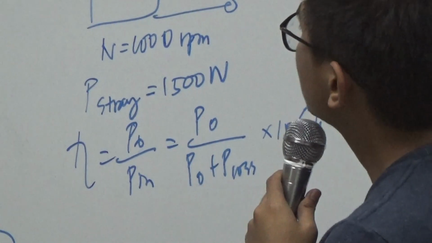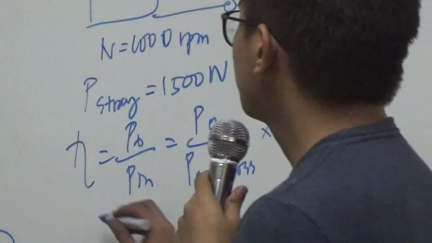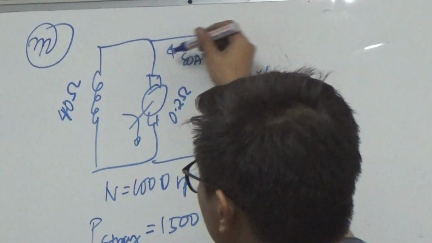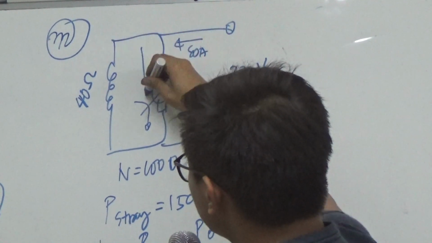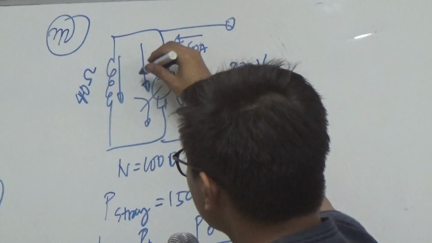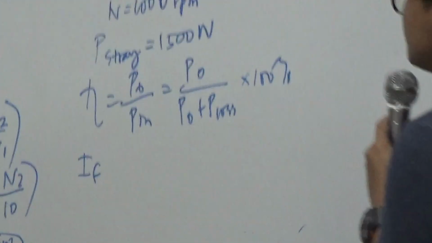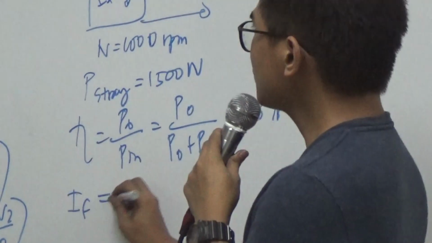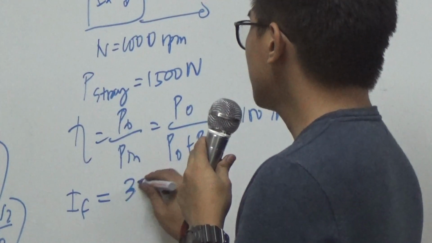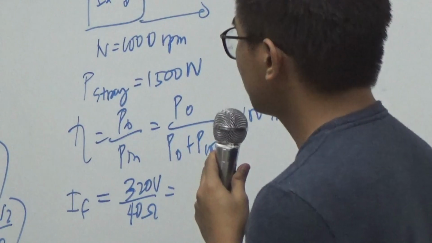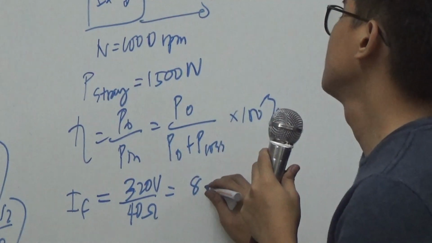So computin muna natin yung IF. So yung flow ng kuryente, napapasok yung 80 amps, then dito na yan. Yung IA, yung IF. IF is equals to 320 volts divided by 40 ohms. 8 amperes.